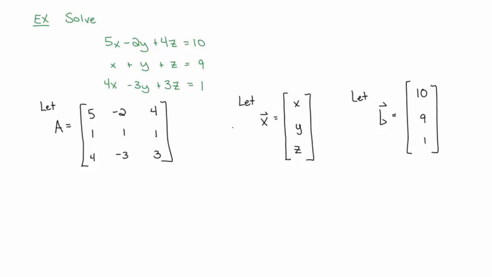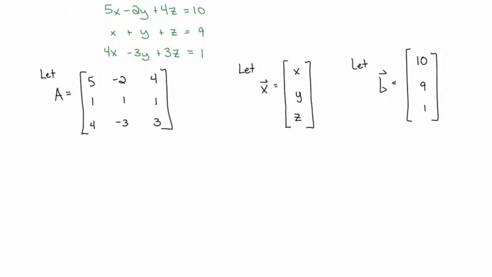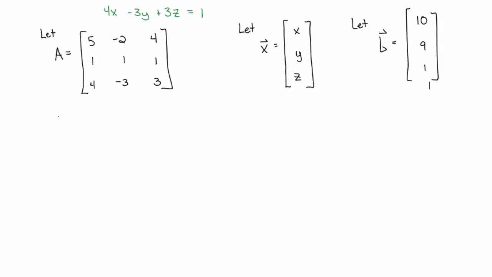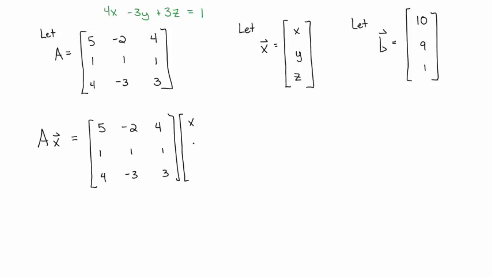As we have seen in a previous video with matrix multiplication, if I were to take A and multiply it by X, that means I would take the coefficient matrix A, 5, -2, 4, 1, 1, 1, 4, -3, 3, and multiply it by the column vector x, y, z.